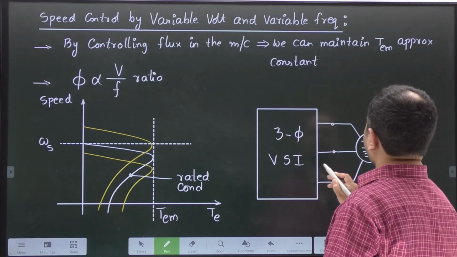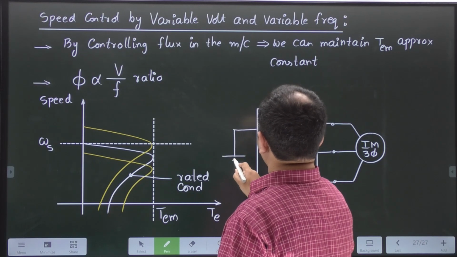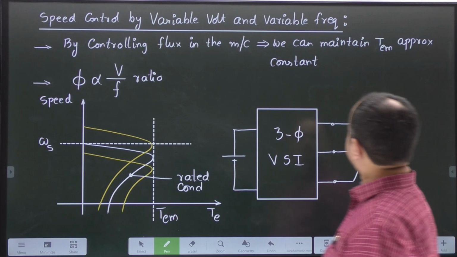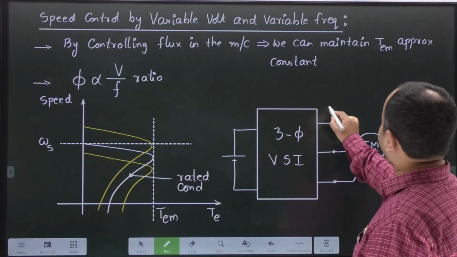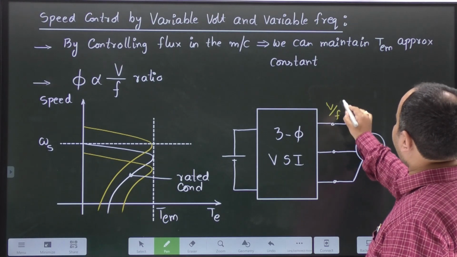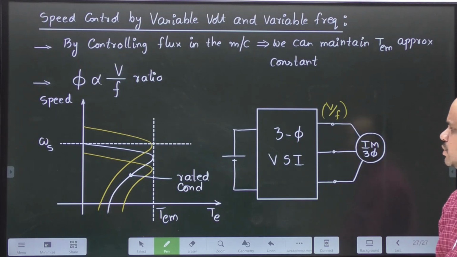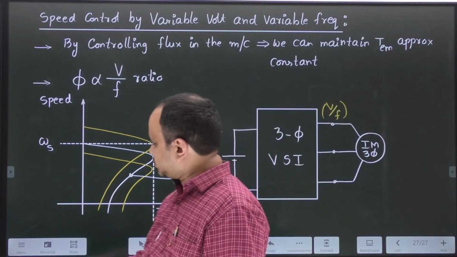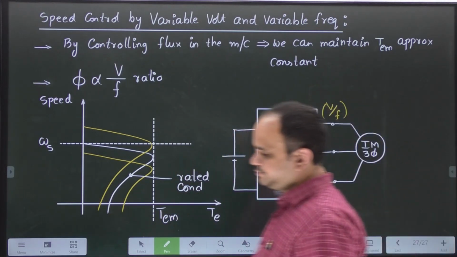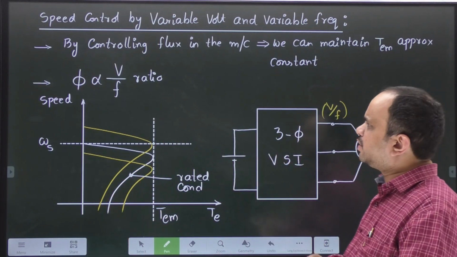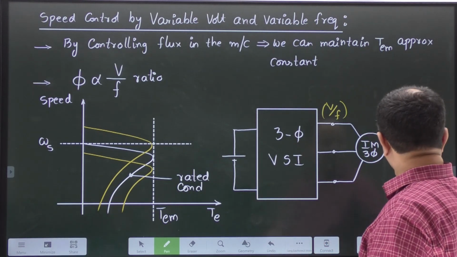With this circuit we can control both V and F. V by F ratio can be variable. Okay. So in this way you can control the speed of induction motor, right? The methods discussed so far are applicable for squirrel cage induction machines.